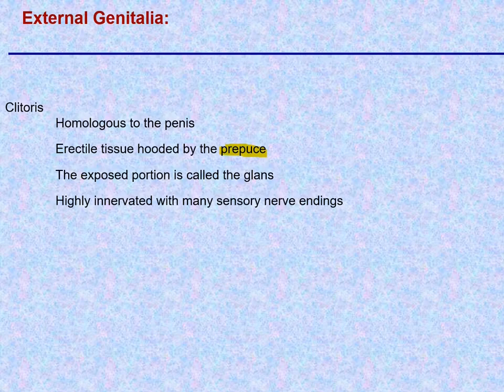There is an exposed portion projecting outward at the surface of the clitoris, but a lot of it is embedded deeper into the tissue. The exposed part is called the glans, just as the end of the penis is called the glans. The clitoris is a highly innervated structure with many sensory nerve endings.